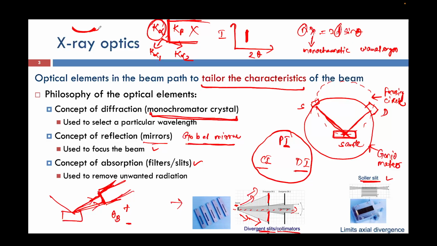Because then only it will give us the condition where, even if we deviate a little bit to the positive side of the Bragg's angle or to the negative side, we will still get the diffraction condition. But we know that in real life we cannot make the curvature to the dimension that is required by this focusing circle.